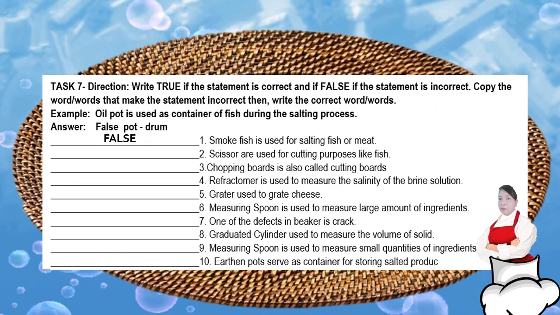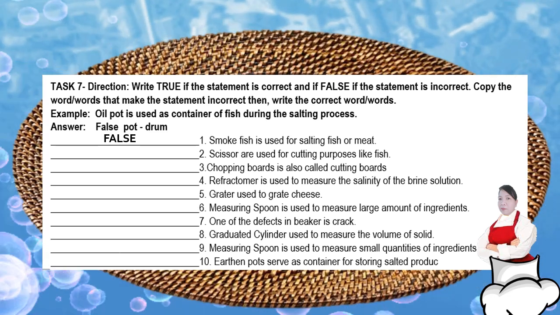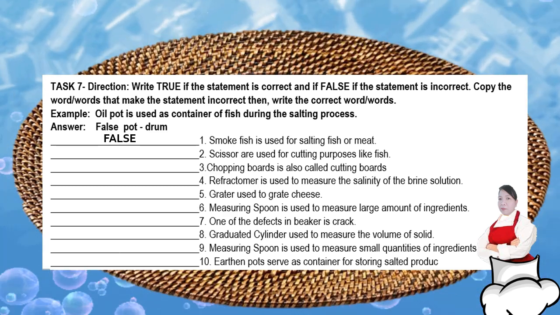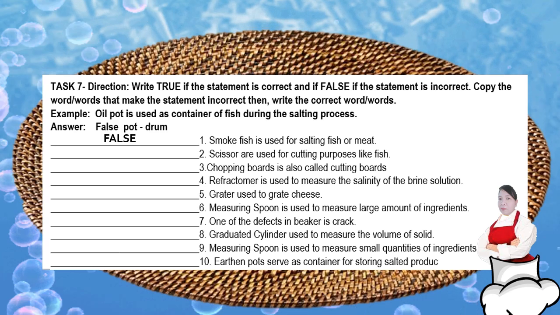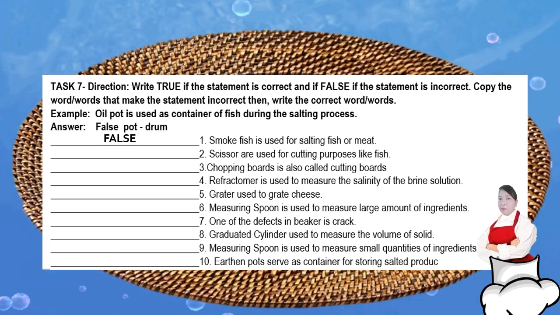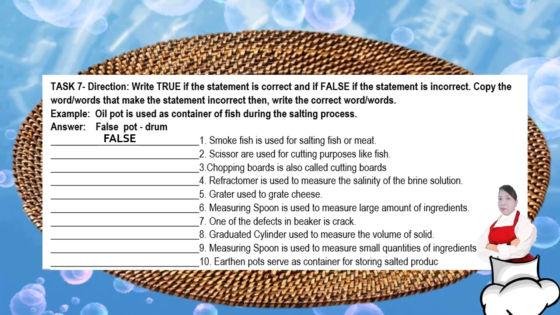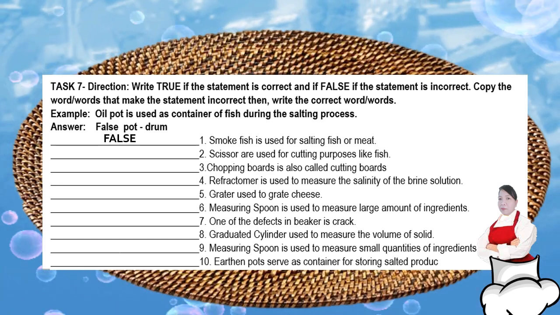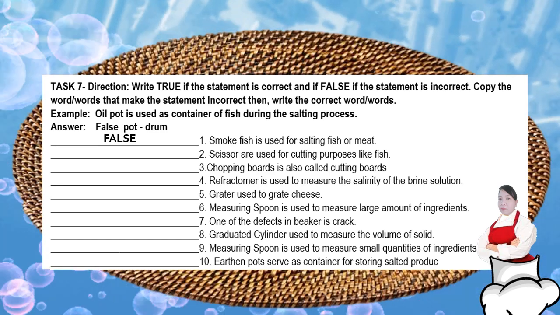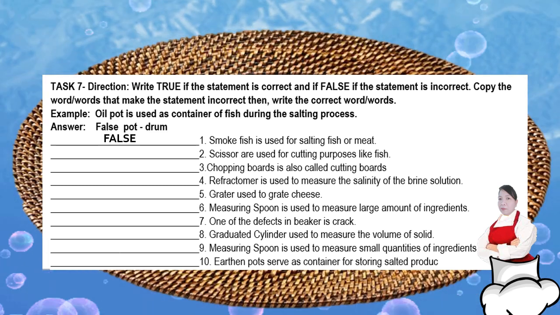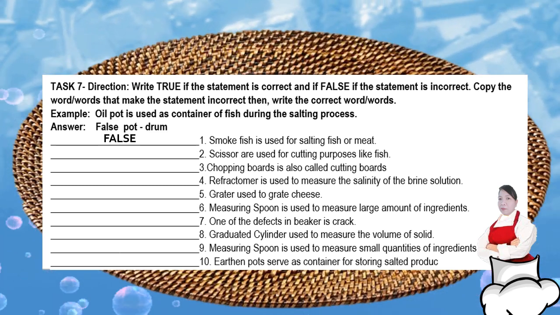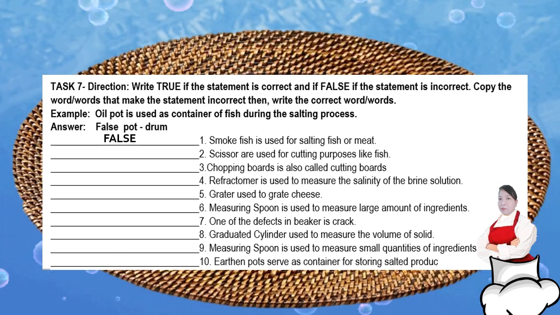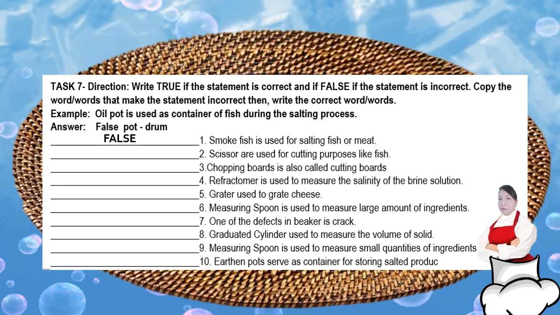For your task number 7, write true if the statement is correct and false if the statement is incorrect. But it does not stop there. If your answer is false, copy the word or words that made the statement incorrect. Then write the correct word or words, meaning you will look for the word or words that made the sentence or statement wrong.